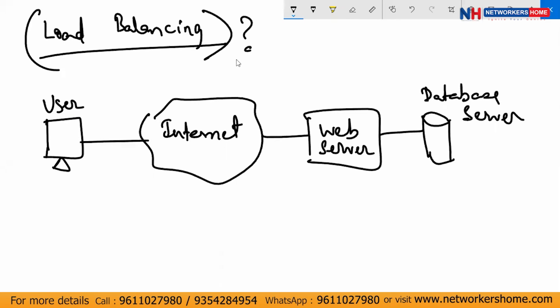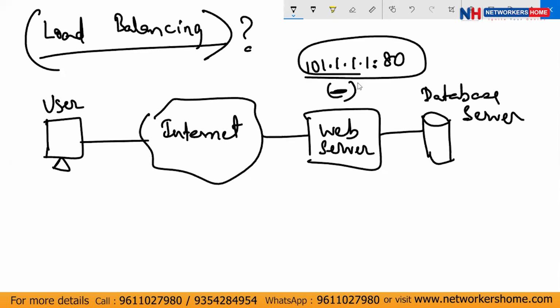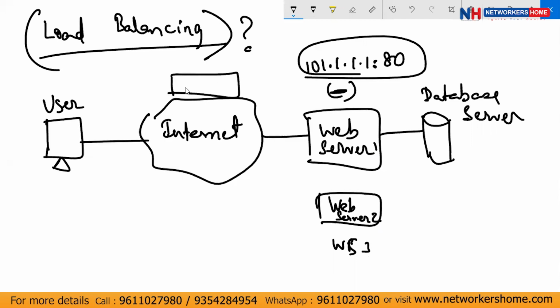So basically, load balancing is the entire intent of virtualizing the service which is present on this server. Let us assume I have this web server with this IP address and it is listening on port 80. Instead of this one IP address, there might be multiple web servers: web server 1, web server 2, web server 3. So instead of all these IP addresses, I'm trying to virtualize this service and have one single representation, IP address and port.